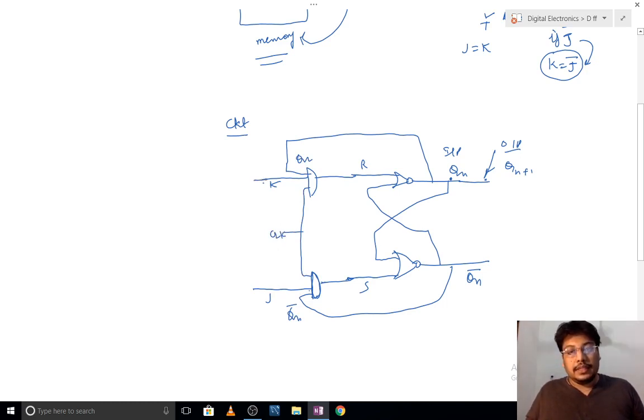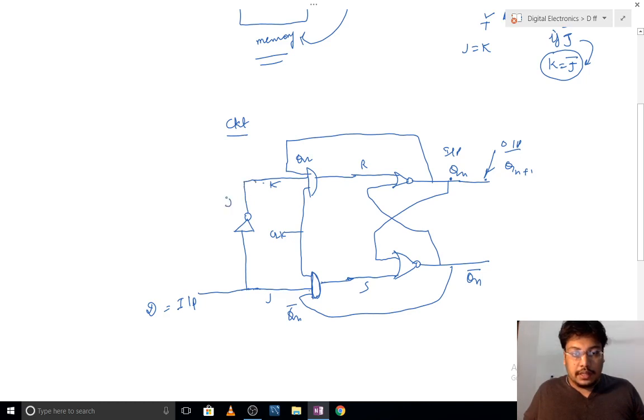Now to make this JK into D, what I will do is give an input at J. We can call this input D. Then the D will be directly going to J, but there is a change, that it is inverting over here.